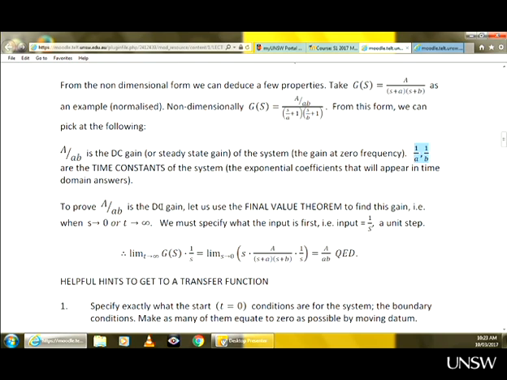So if you apply a unit step input, what is the value of the unit step function when time is infinity?